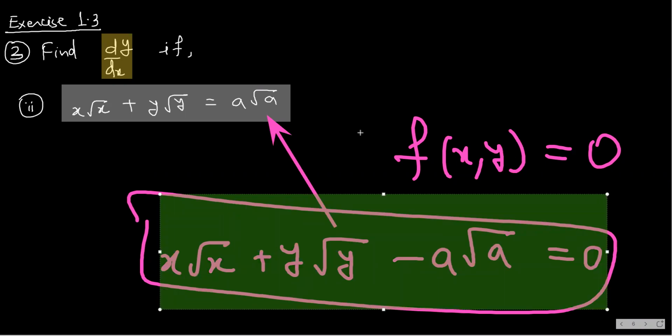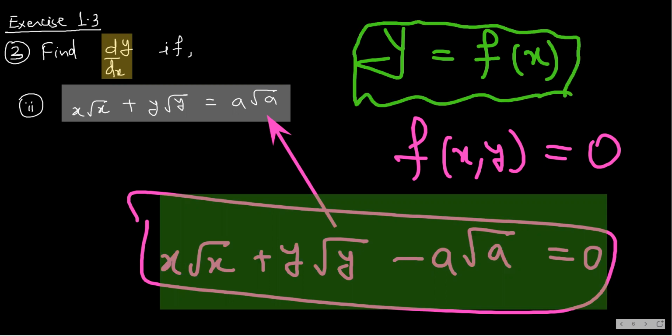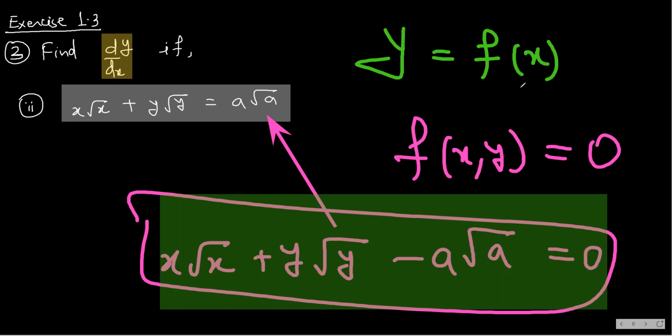Remember students, I do not have here the function defined in the form y equal to f of x. Whenever we have the form y equal to f of x, we have all the expression of x on one side, and on the other side we have only y.